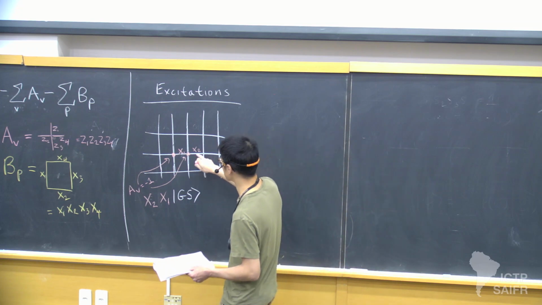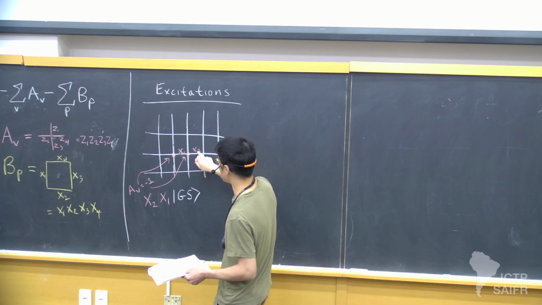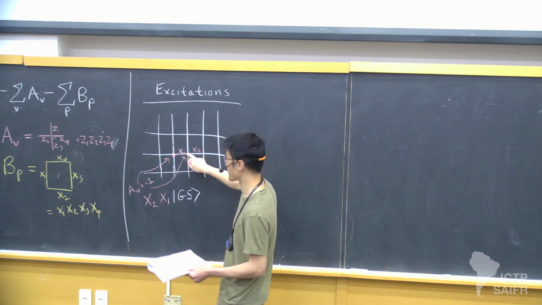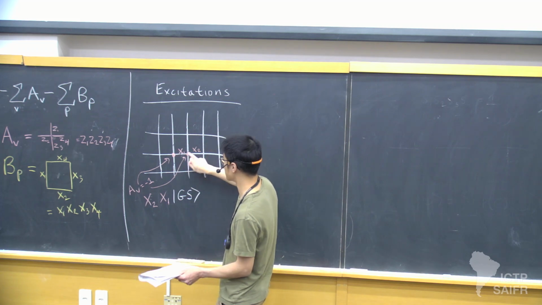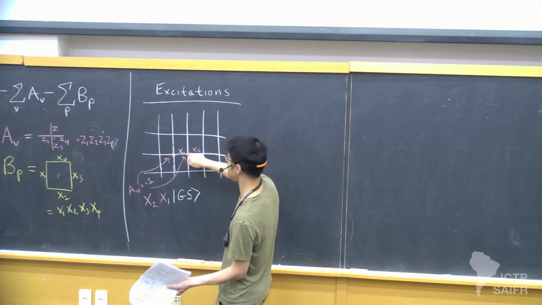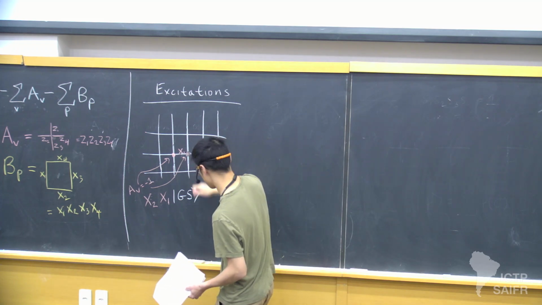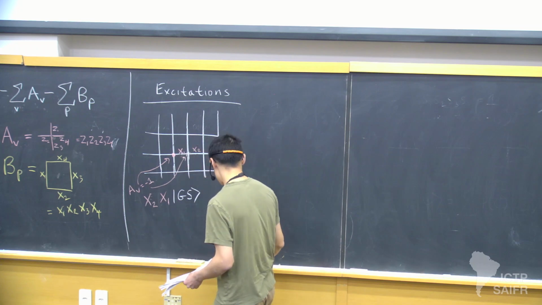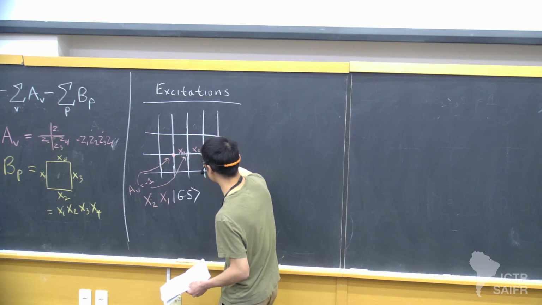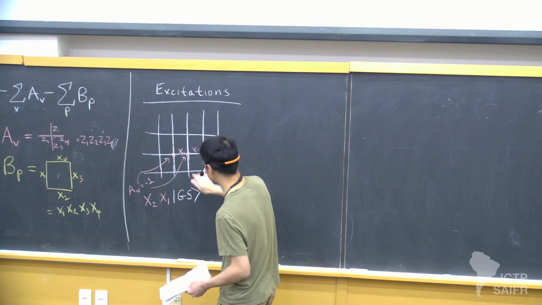So X2 will now remove this excitation, right? Because here A_V was already -1, but then X2 will flip it back to +1, right? So then now I have an excitation here instead. Okay?